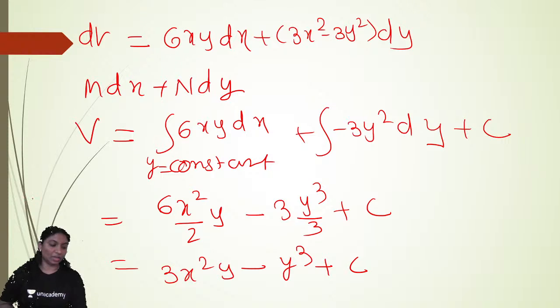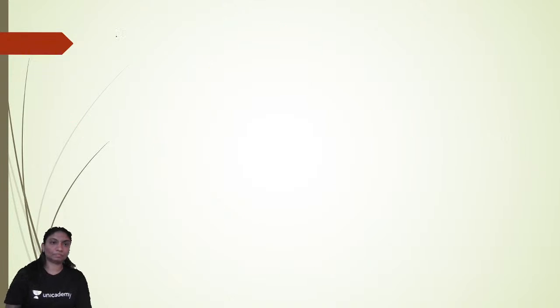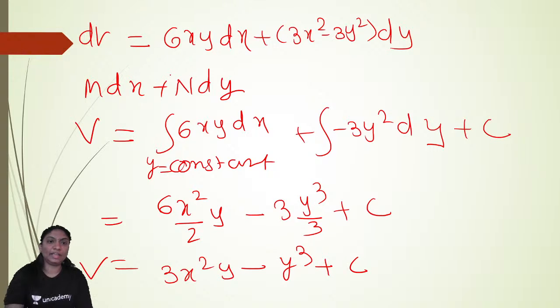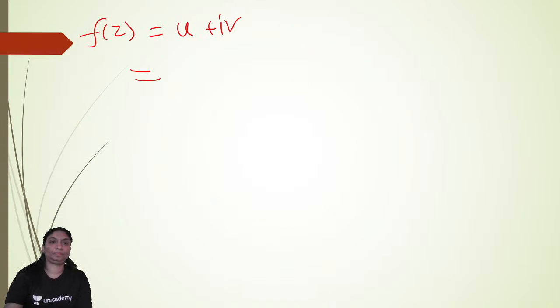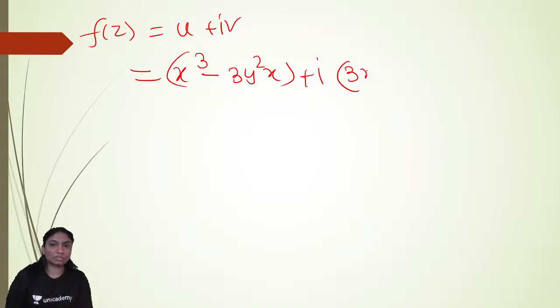This is your v. So your function f(z) is u plus iv. Okay. So here u is already given, u is x³ minus 3y²x, plus i into 3x²y minus y³ plus c.